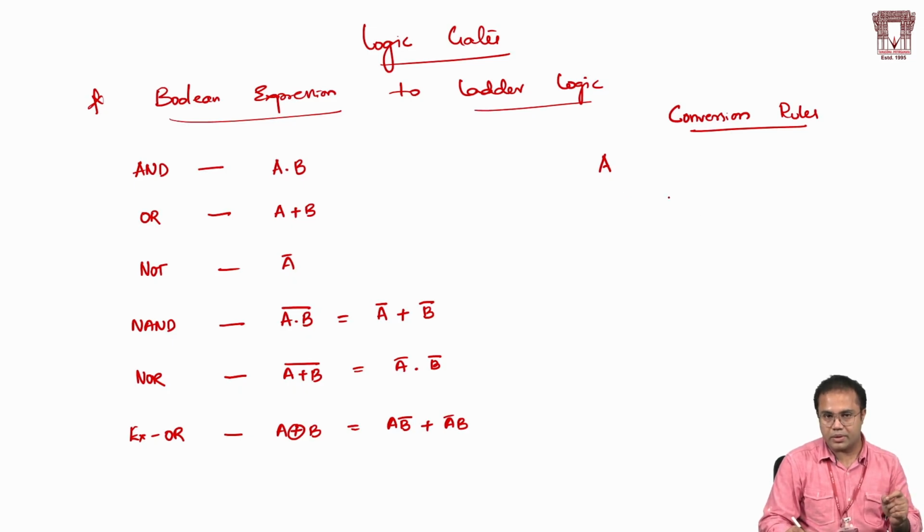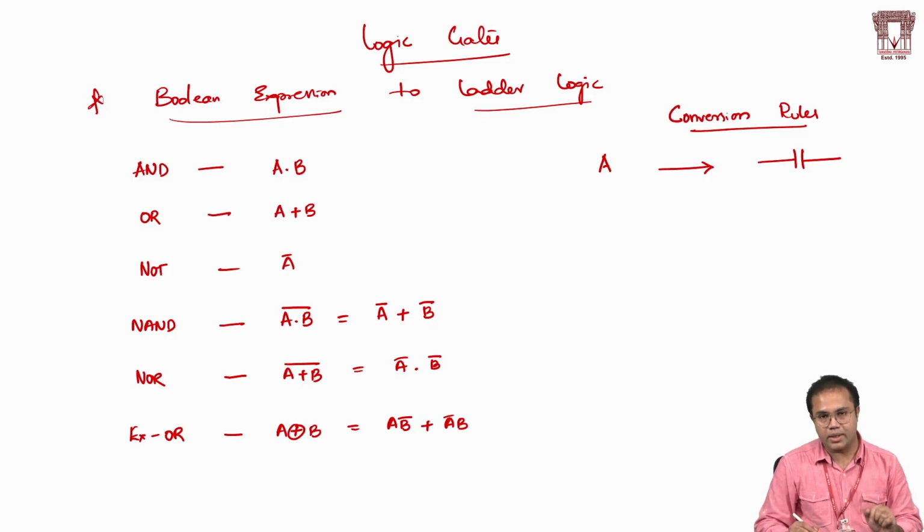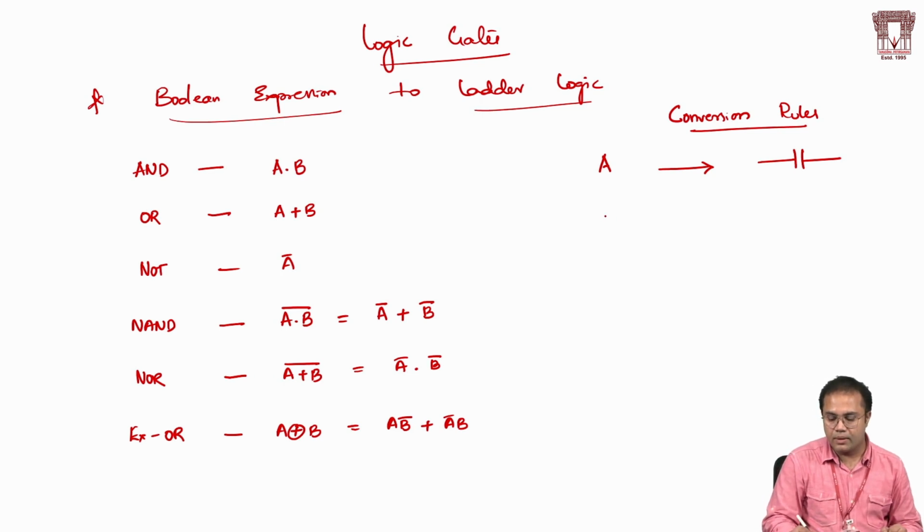Whenever you see a normal literal, you replace it with a normally open instruction, whether it is a single literal or two literals. Each literal has to be replaced with its equivalent instruction. So if you see A, replace it with normally open. If you see two literals, then two instructions you need to place. Similarly, if you see a literal with a complement, then replace that with a normally closed instruction.